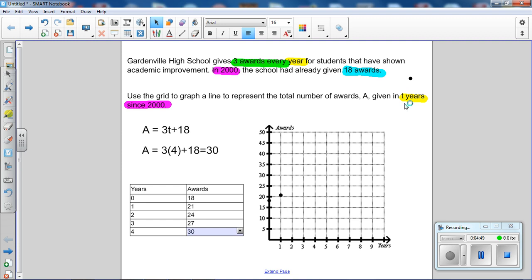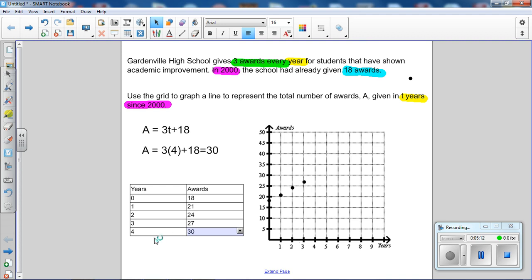In year 2, let's plot it at 24, slightly below 25. And in year 3, we're going up to 27, so that's 25, 26, 27.